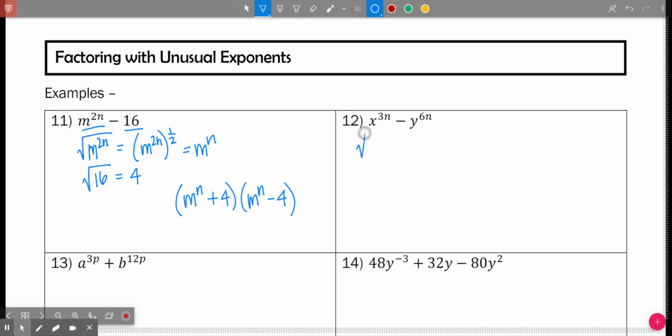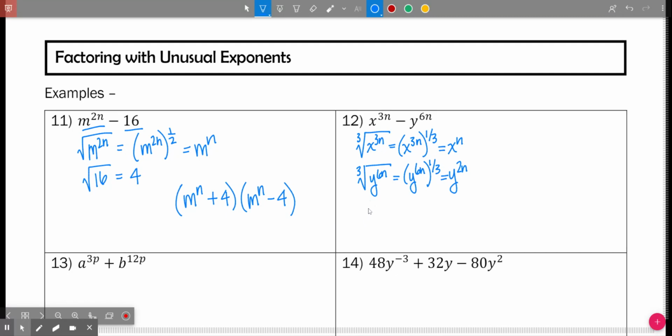So I have the cube root of x to the 3n power, which is the same as x to the 3n power raised to the 1/3 power. So that's x to the nth power. And the cube root of y to the 6n power is the same as y to the 6n power raised to the 1/3 power. So that's y to the 2n power.